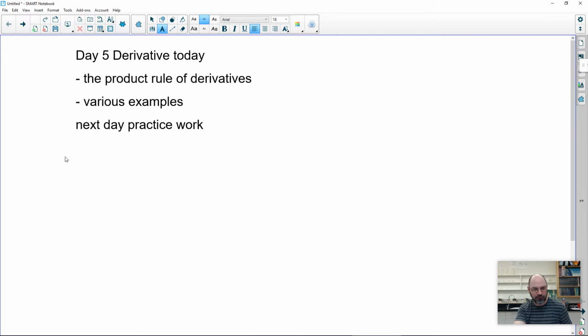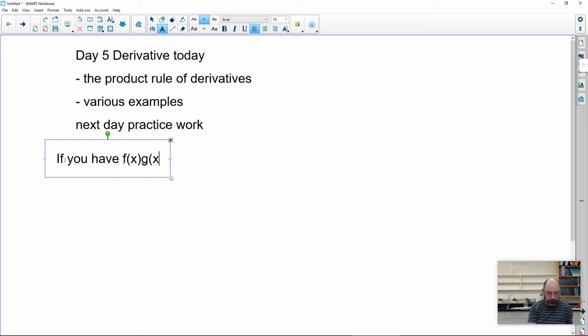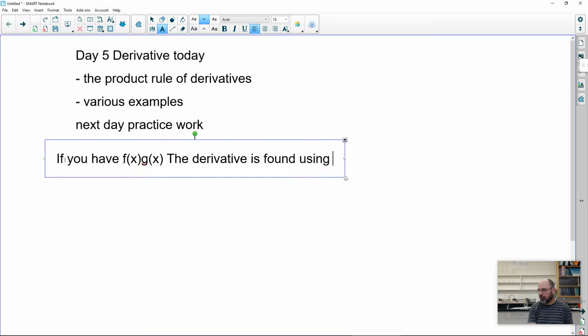So let's state the product rule. So the product rule, if you have, say, two functions, one, say, is f of x, and it's multiplied by another function, say, g of x, the derivative then is found using, okay, so what it is pretty easy.